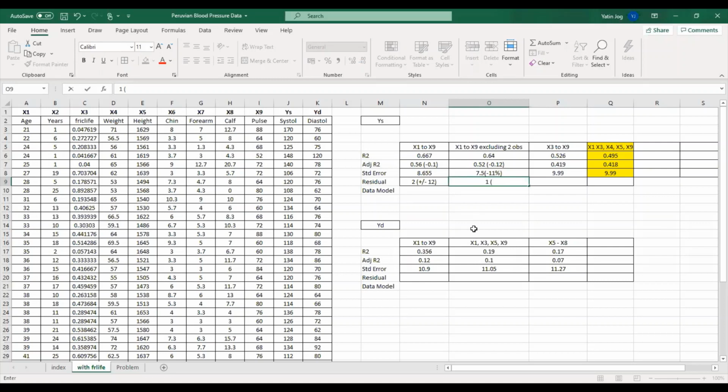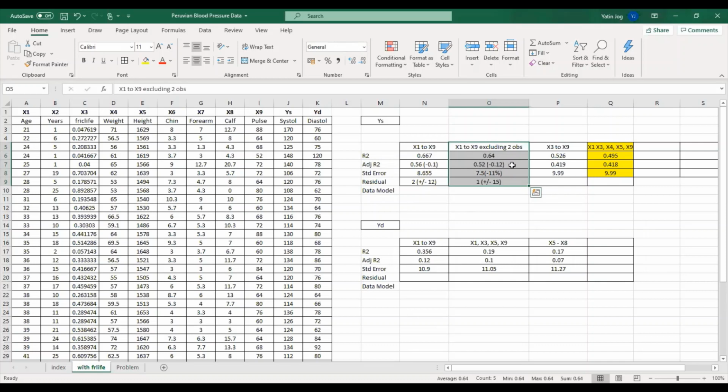Okay, so considering plus or minus 15, which is on the very higher side, if I compare these two models, my interpretation, based on the analysis I have done for the past 10 years, is that I'll go ahead with the model excluding those two observations, because I don't see much impact on the difference in R square and adjusted R square just by excluding those two observations.